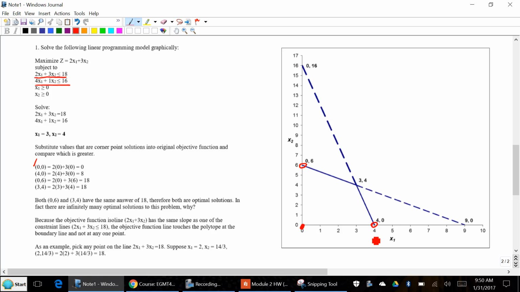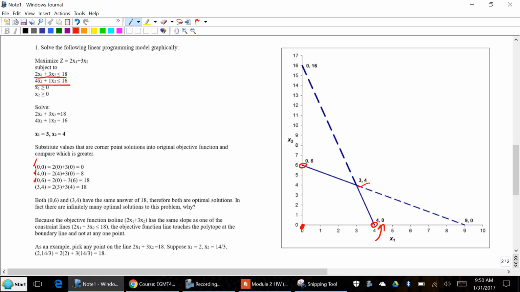So this one right here is going to be at 4, 0. This one's at 0, 6. So 3 of these 4 points are relatively easy to figure out. It's just where the lines cross either y equals 0 or x equals 0. This fourth point is by no means hard, but that's the one where we have to go in and figure it out using some method.